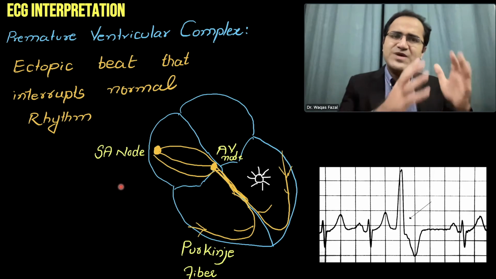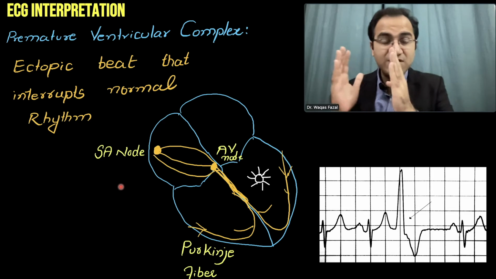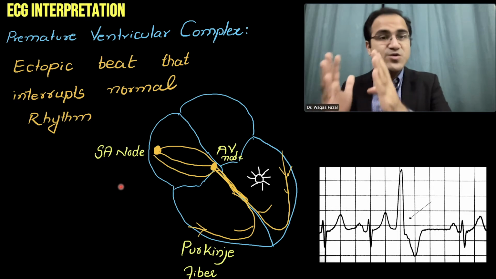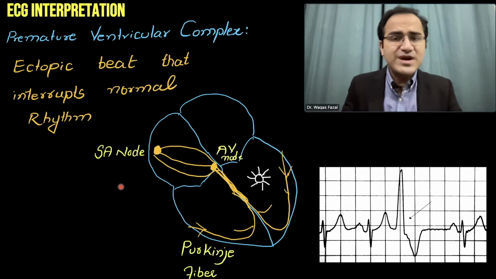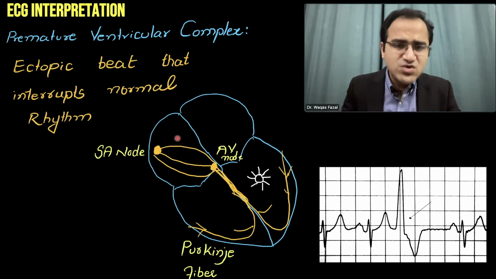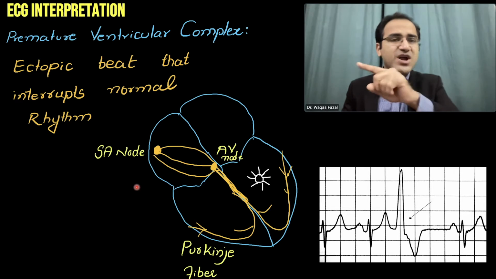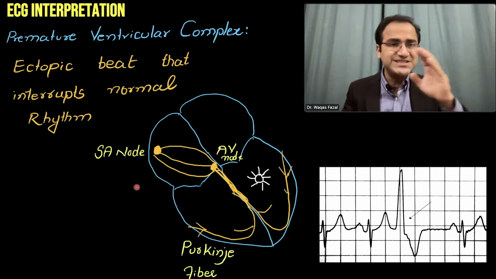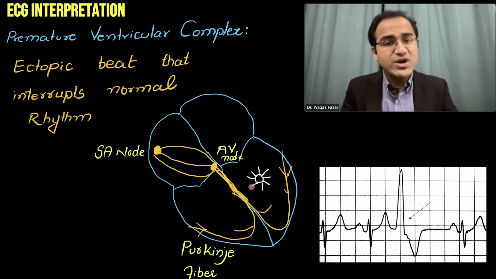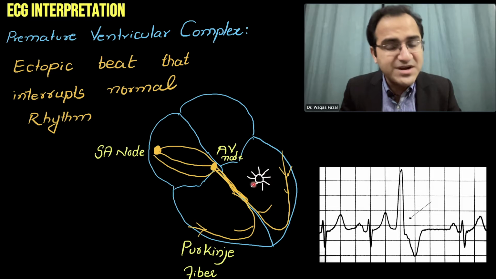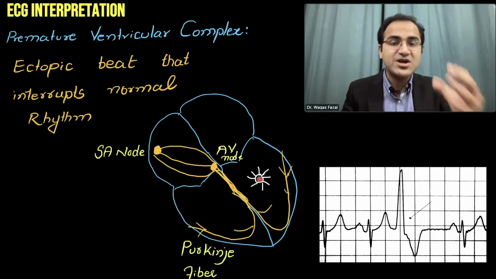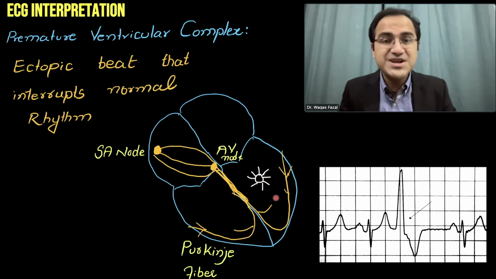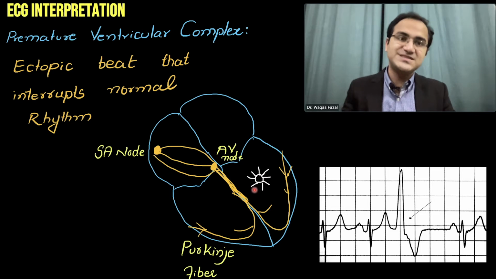Now, to understand ventricular tachycardia, you need to have some knowledge of premature ventricular complex. Basically, what happens in a premature ventricular complex is that the SA node is normally causing the contraction of the atria and ventricles. There are normal QRS complexes, normal sinus beats going on in the ECG, and all of a sudden an ectopic focus present in the ventricle starts producing current, and that current interrupts the normal sinus activity by the SA node.